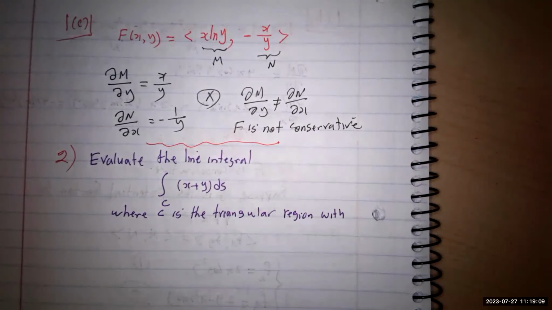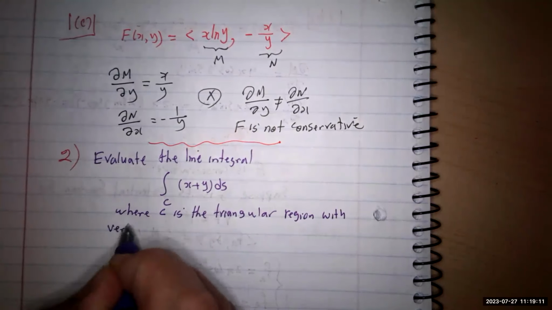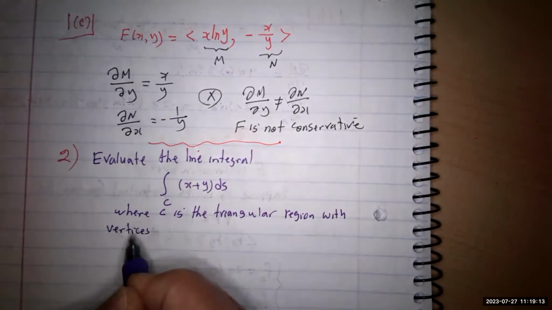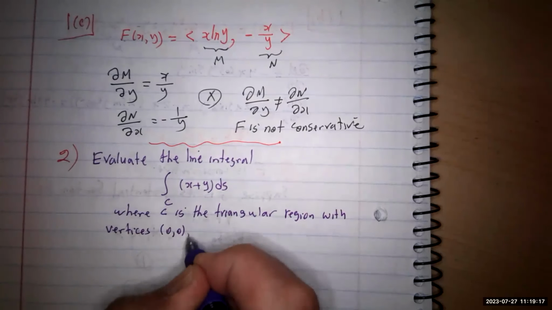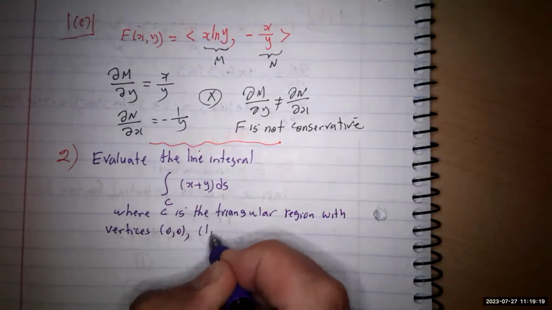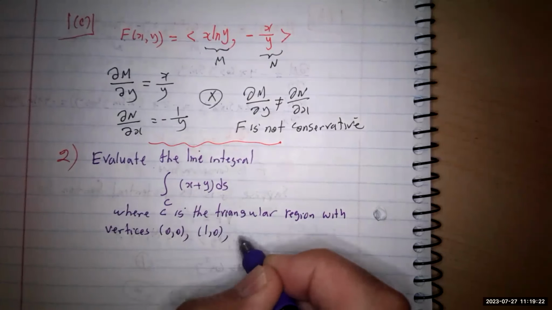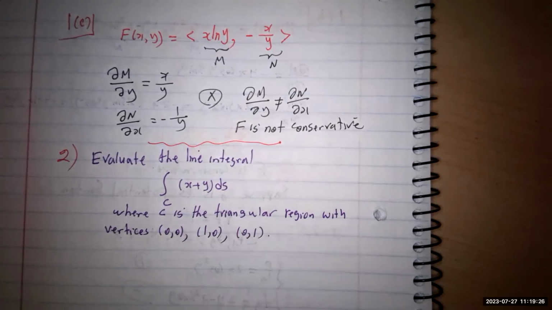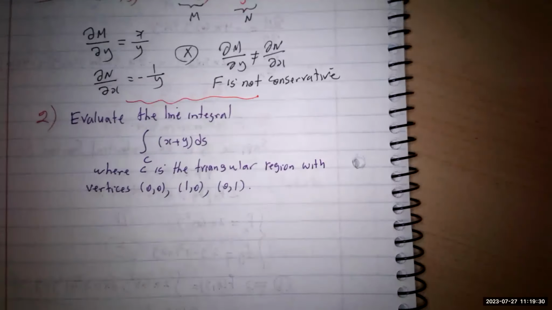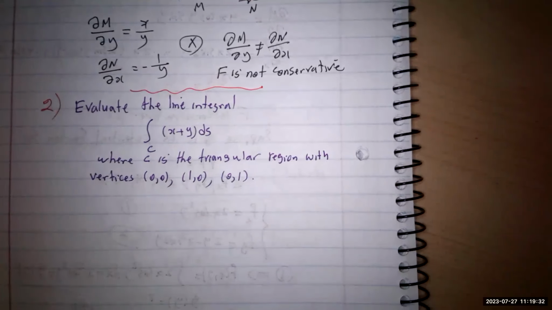With these vertices, we give easy vertices to be able to parameterize it quickly. So it's going to be (0, 0), (1, 0), and (0, 1). There's nothing extra about this one. It must be done directly.